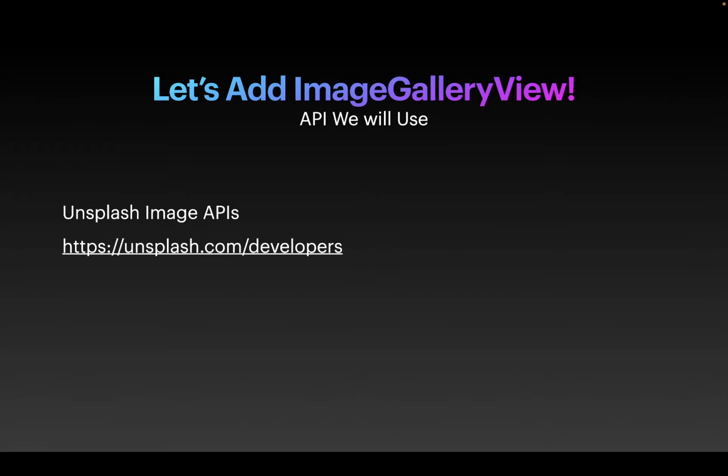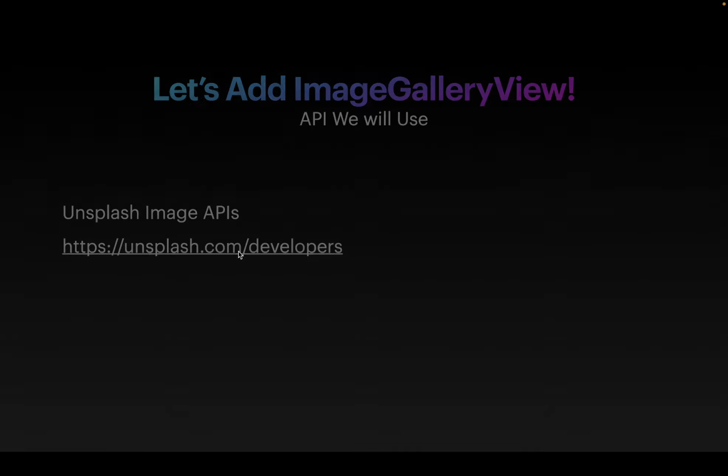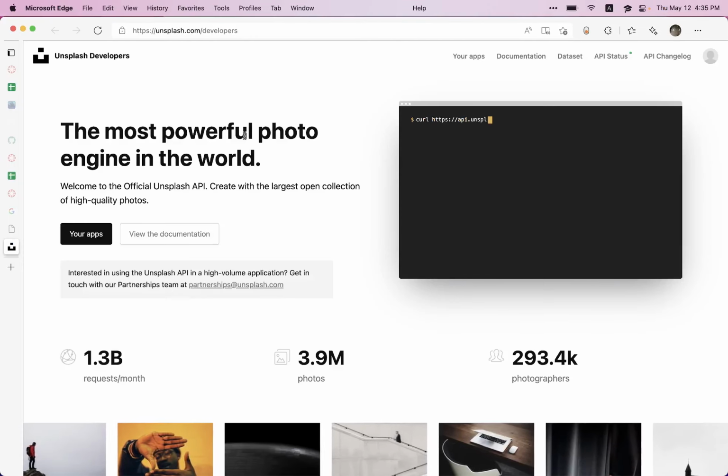Now, let's jump to the API we're going to use today to fetch all the images. Today we're going to use the Unsplash image APIs. Unsplash is an image provider that provides lots of images, and that's kind of neat. So let's take a look at the UI output here.